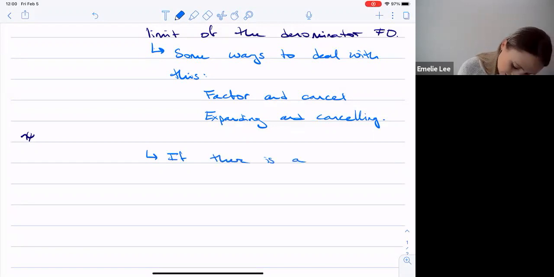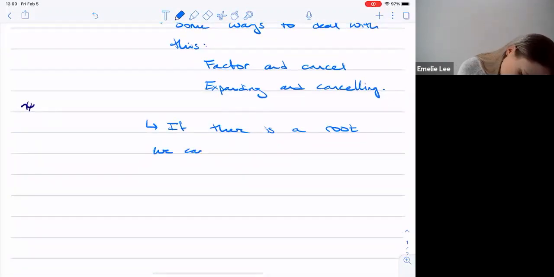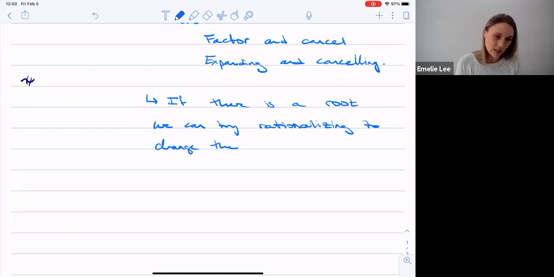If there is a root, I'll say root, but I really mean square root, typically we can try rationalizing to change the layout of the function.